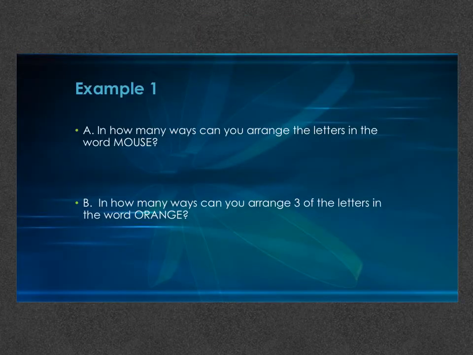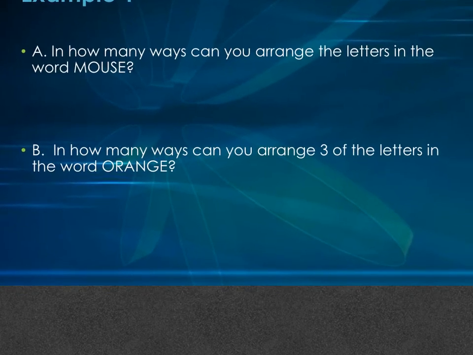All right, then we start to see things like this, and these are great standardized test questions. It says, in how many ways can you arrange the letters in the word mouse? So M-O-U-S-E, 5 letters. It would take a long time, but I could try to figure out all the different ways I could rearrange those letters. Or I can set up a 5-letter space, because that's how many letters there are.